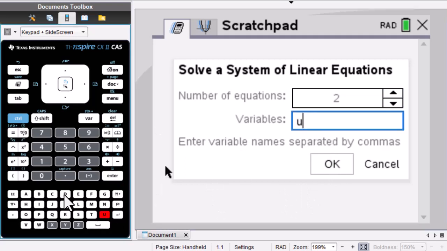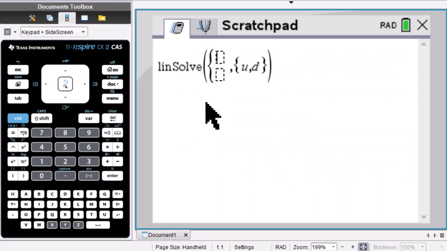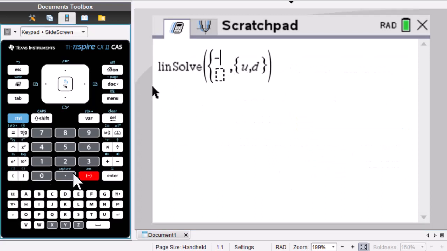The variables are u and d. Negative 12 equals u plus 4d.